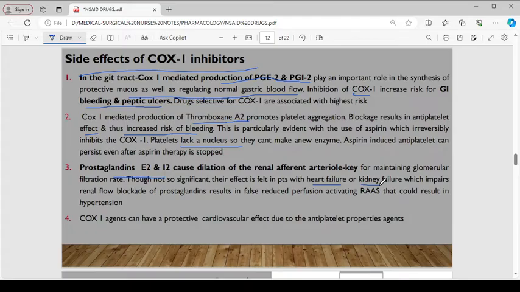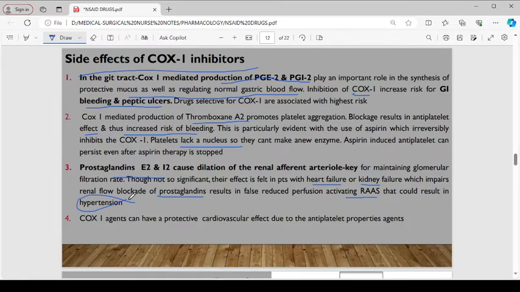In that case, prostaglandins will help to dilate so that more blood can be delivered to the kidney. So where you have blocked this using COX-1 inhibitors, it can lead to reduced perfusion, and this normally activates the RAS, the renin-angiotensin-aldosterone system, which could result in development of hypertension.